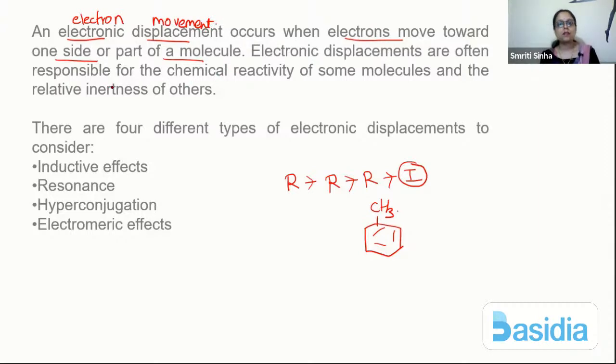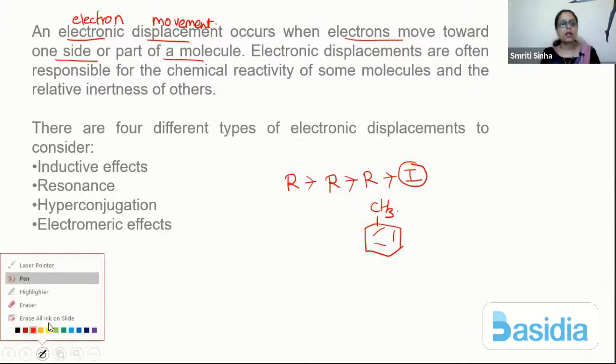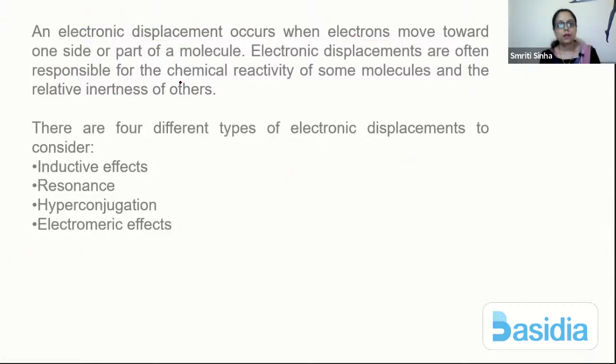Electronic displacement is important to study because it is responsible for chemical reactivity of some molecules or inertness of the other. So basically questions mainly come from this part, that which one is more reactive than other, or why this molecule is less reactive. All the reason is hidden behind the electron displacement effect.